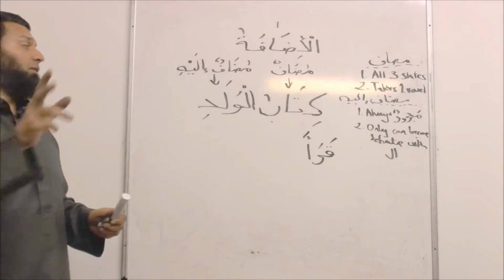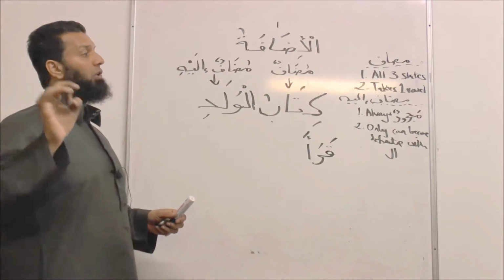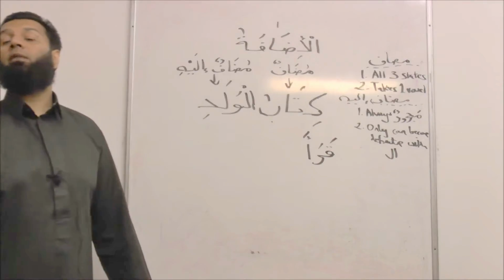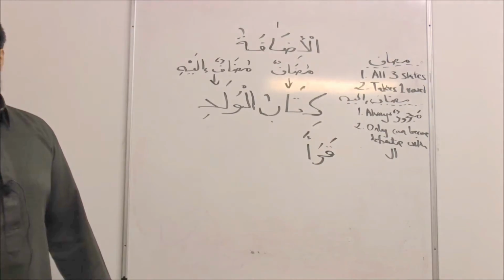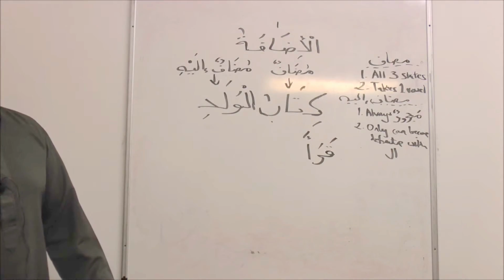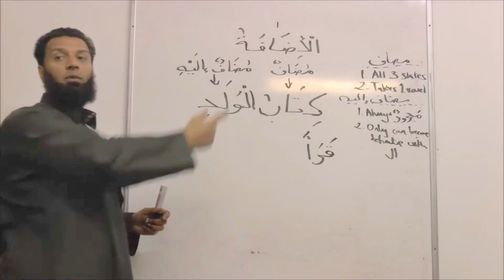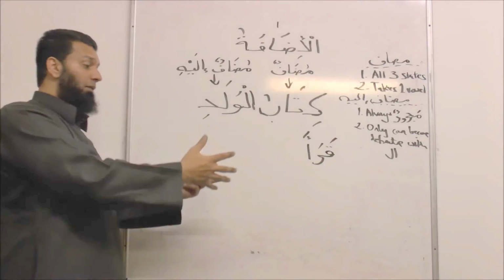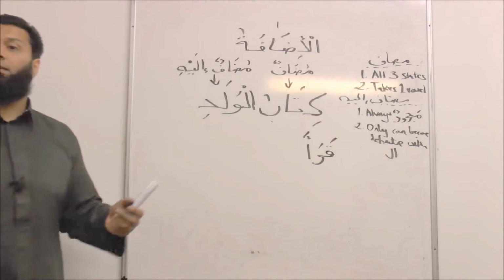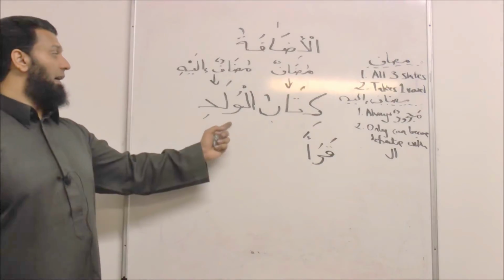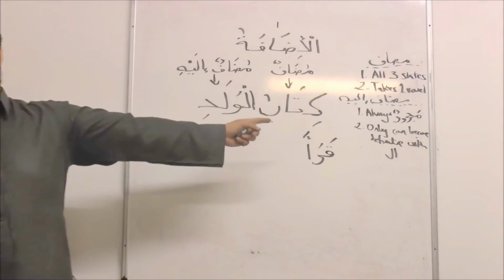So the boy's father, we should be aware that that will now be what type of construct in Arabic? No, the boy's father is going to be al-Idaafah, because we have the boy and the father. Just like here we have the boy's book.